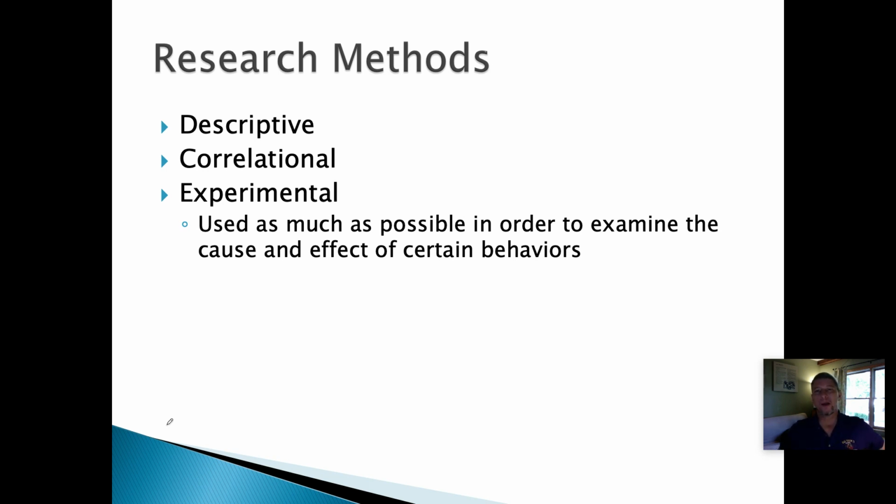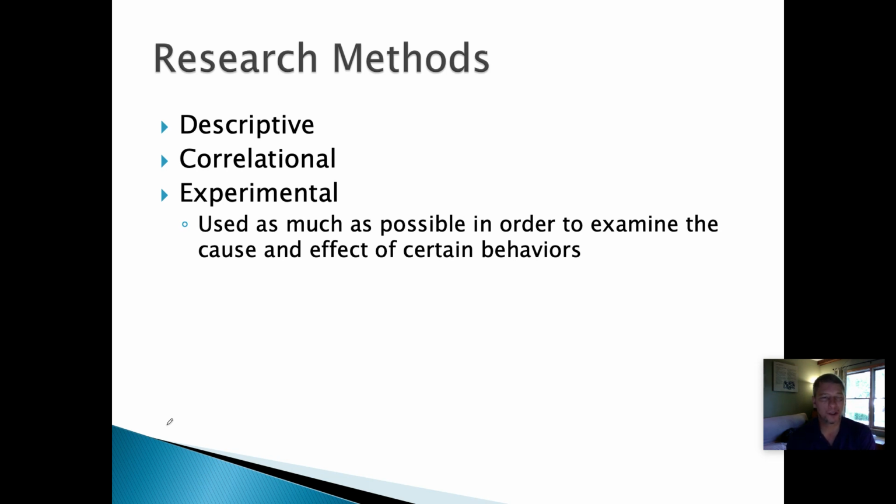But again, there's no manipulation of variables. There's no changing of one variable to see its effect on the other. You're simply observing what you see. All right. So if Jane Goodall goes off into the woods and watches the group of chimpanzees that she's studying, and she just writes down everything that they do, that is a descriptive type of research.